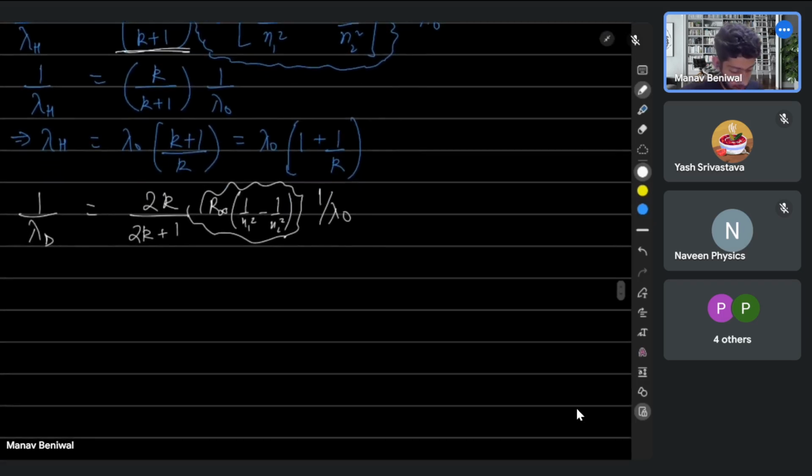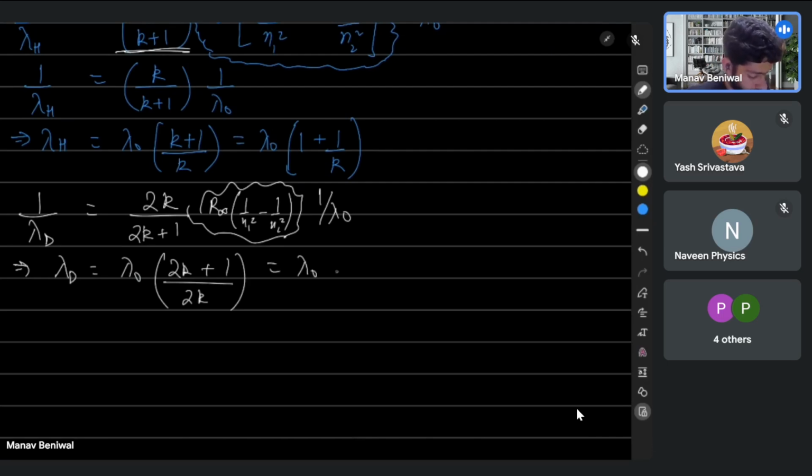So we can write lambda d to be lambda naught multiplied by (2k plus 1) over 2k, which equals lambda naught times (1 plus 1 over 2k). Okay, clear up till here?